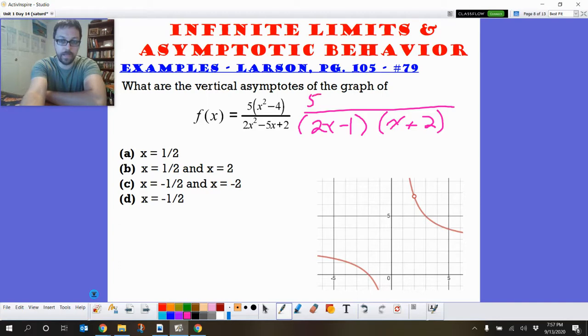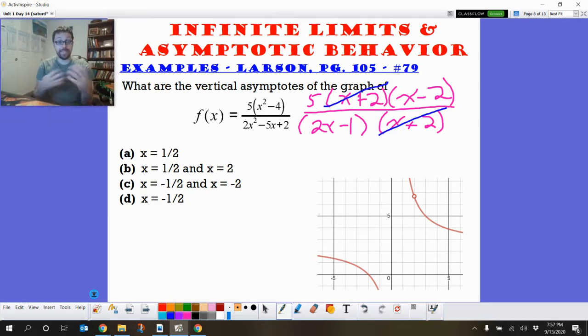So let's see, we got 5, we got an x plus 2, and an x minus 2. Now, what's interesting is that these two pieces cancel each other out. Since those two pieces cancel each other out, when we simplify that rational expression, we don't end up with a vertical asymptote.